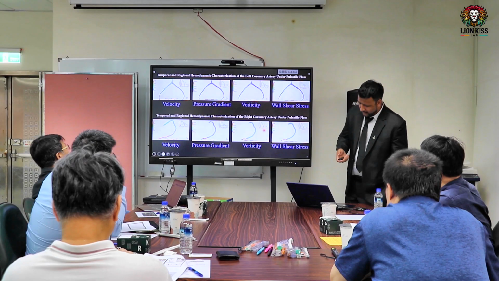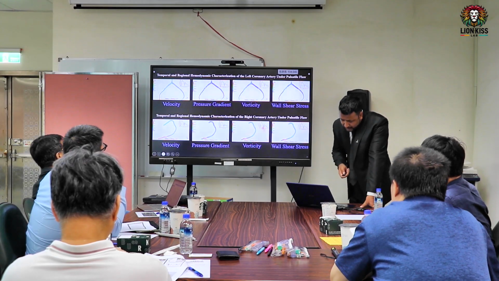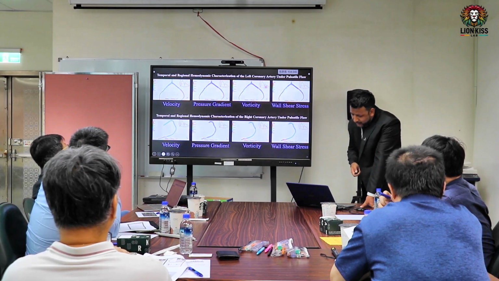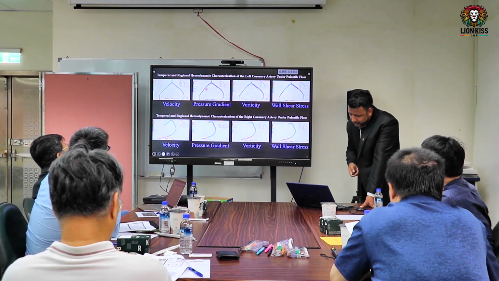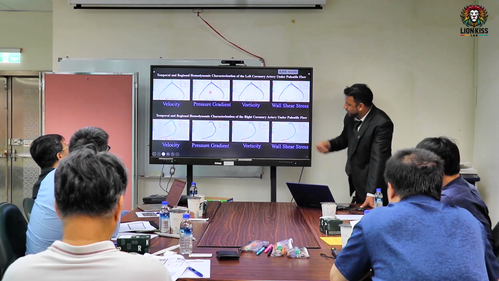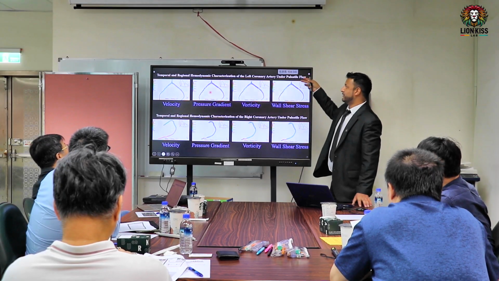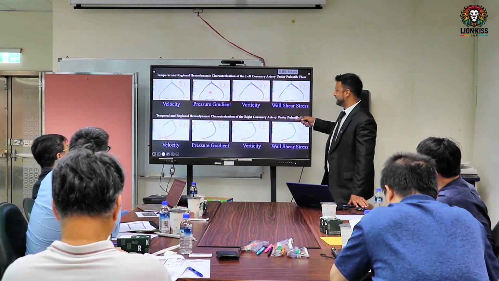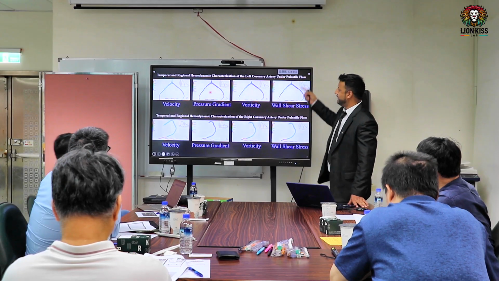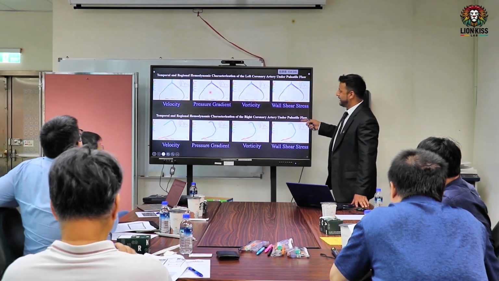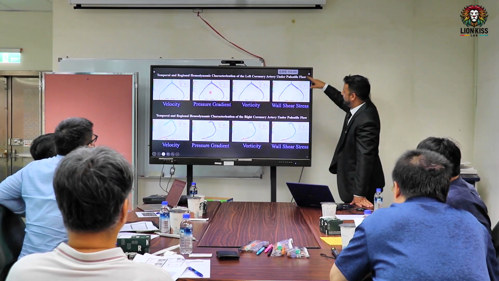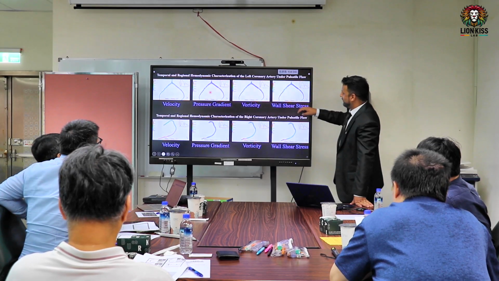This one shows the animation of the velocity. This is the right coronary artery, and this is the left coronary artery. I'm showing how the pulsatile flow affects the wall shear stress.